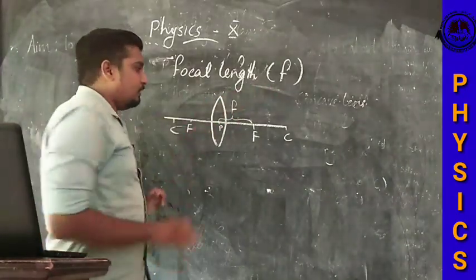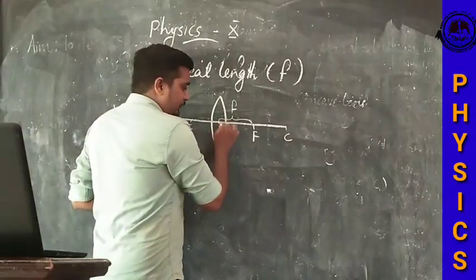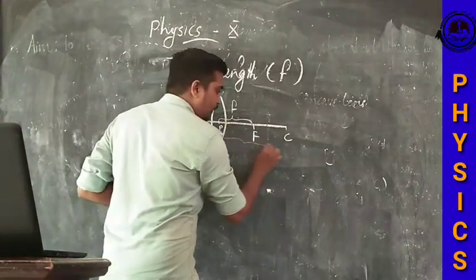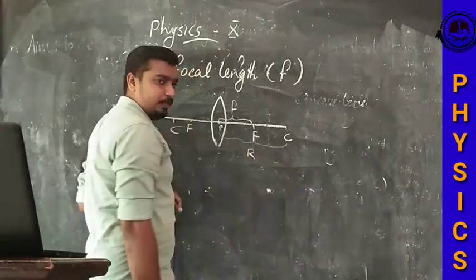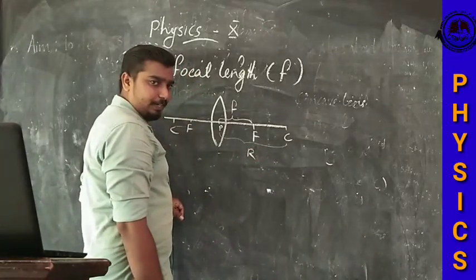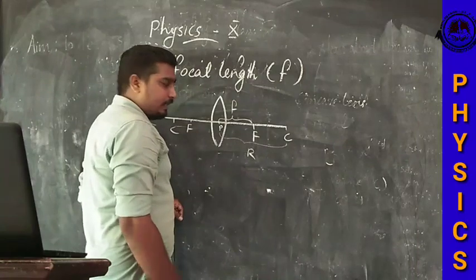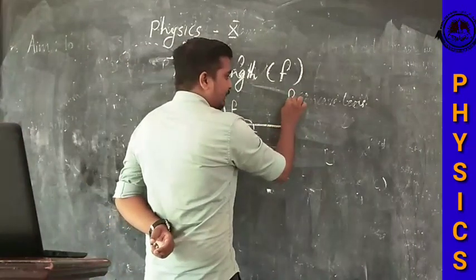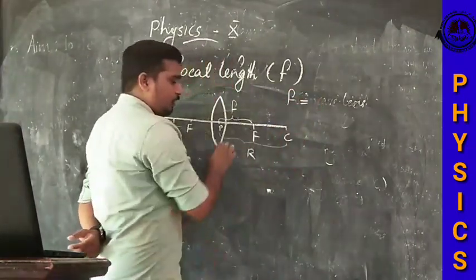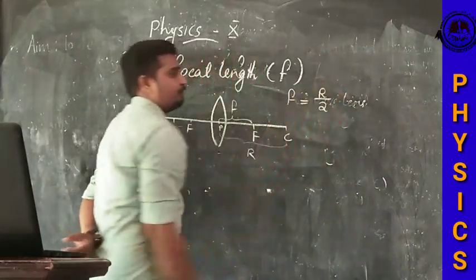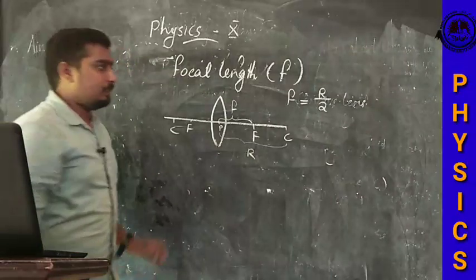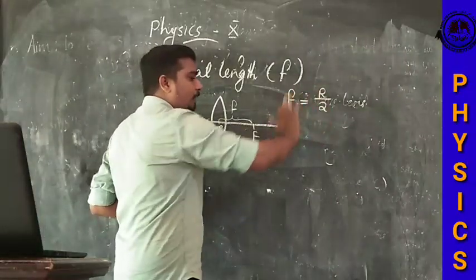Clear? And the distance from the optic center to the center of curvature is called the radius of curvature. Therefore, the focal length f equals R by 2.